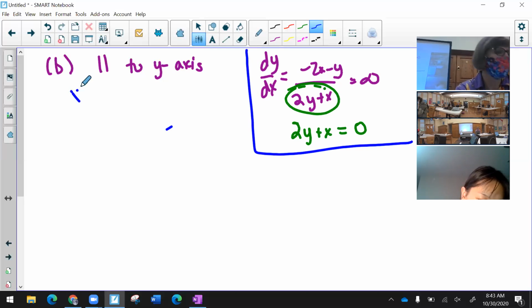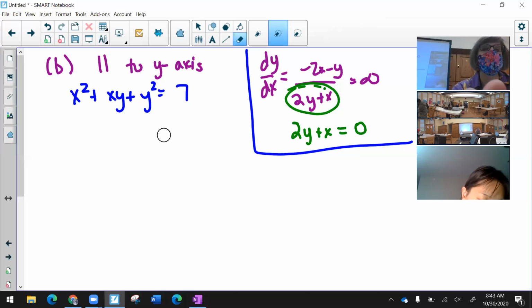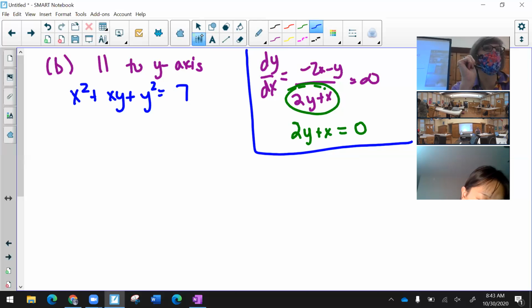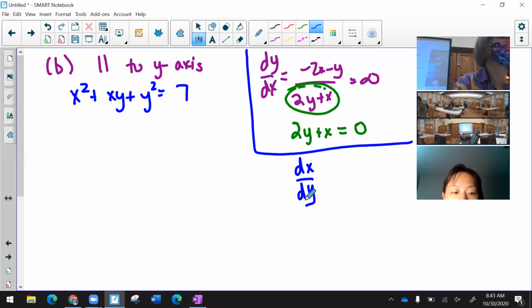So I've got my equation here, x squared plus xy plus y squared is equal to 7. What I could do is, instead of looking for dy/dx, I was looking for dx/dy. What if in my head I decided that x was a function of y instead of y being a function of x?